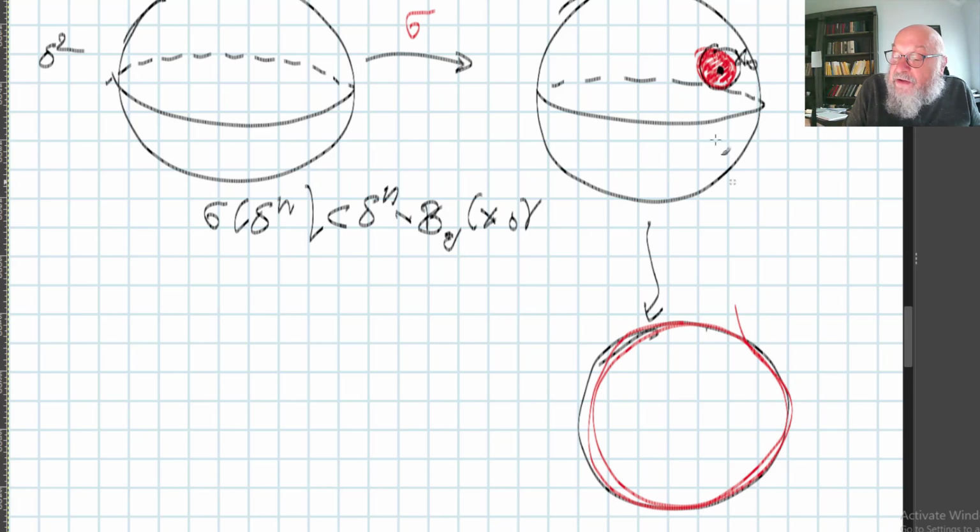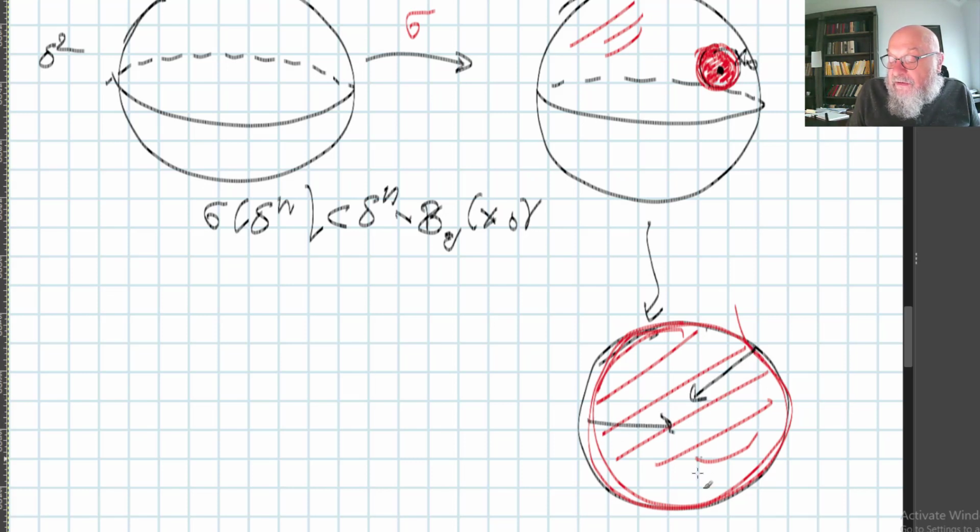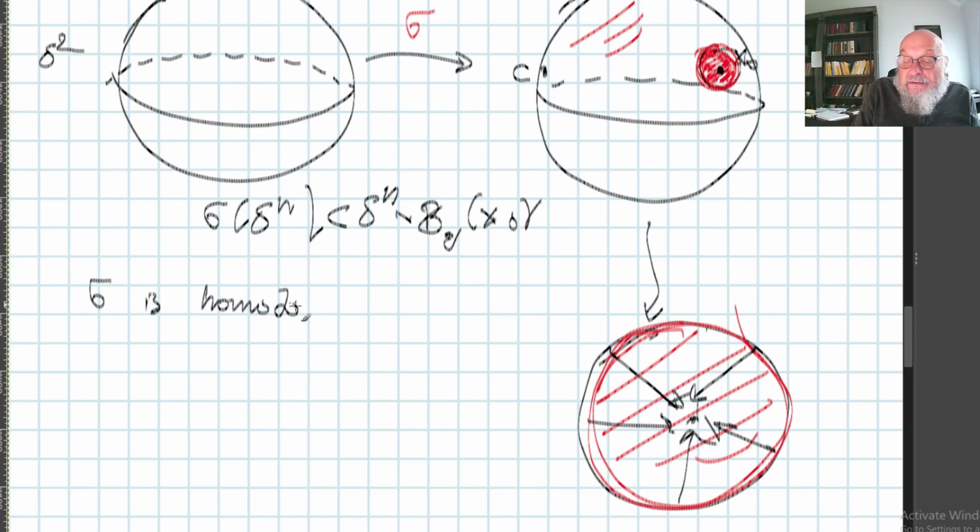So this will be the boundary here, and everything else will be this value. So now you can see that this is a contractible set, and you can use a deformation here, shrink it to one point, and since you can do this shrinking operation on the sphere itself, that implies simply that sigma in such a case is homotopic to a constant map.